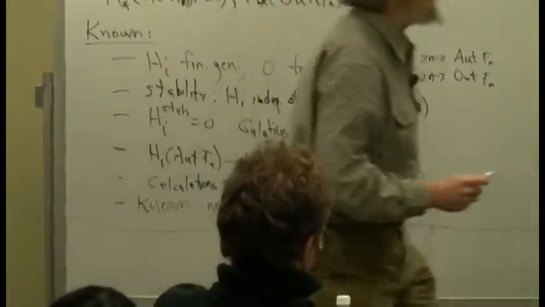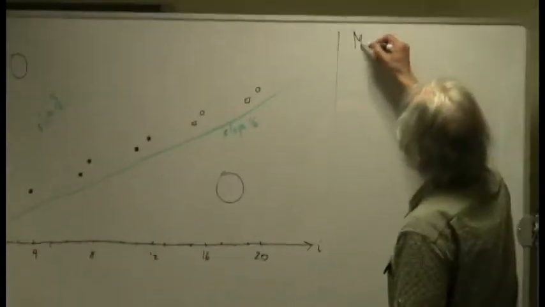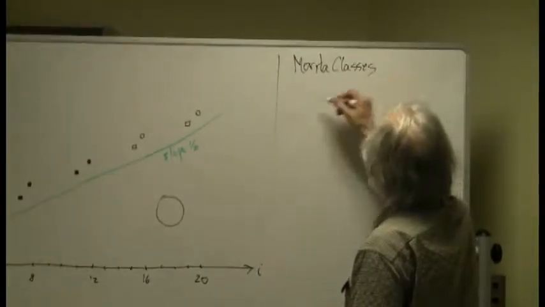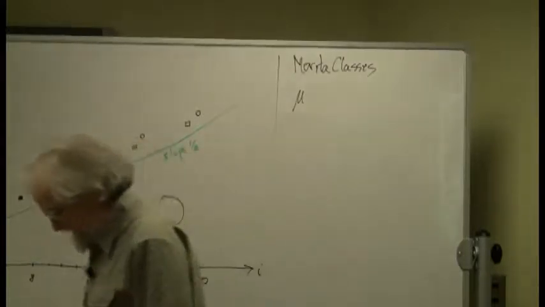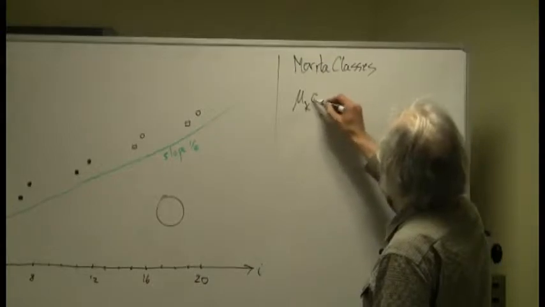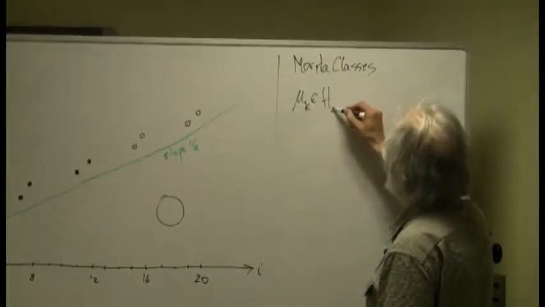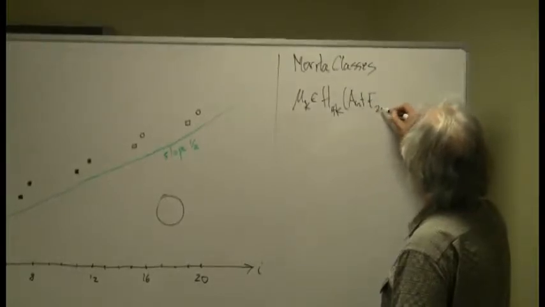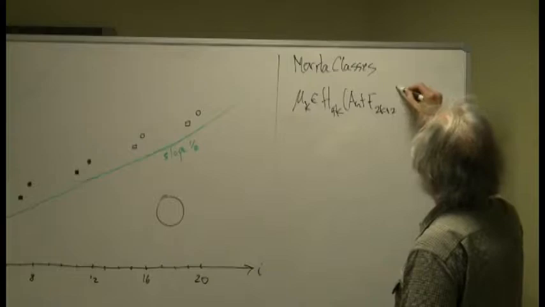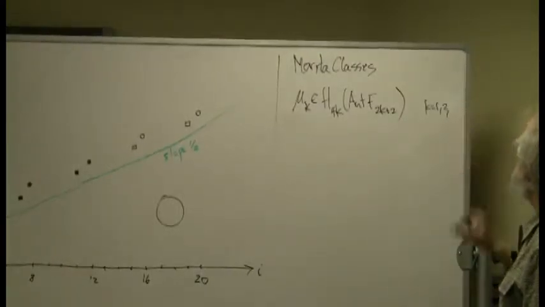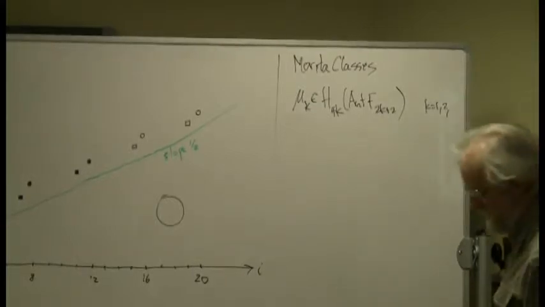There are two families. So there are Morita classes, found first by Morita, I think, in the 1990s. μ_k lives in H^{4k} of Out(F_{2k+2}) for k = 1, 2, 3.